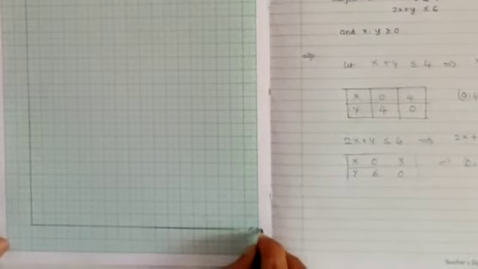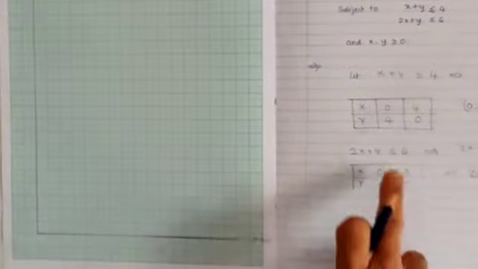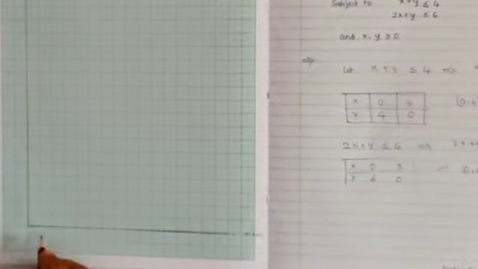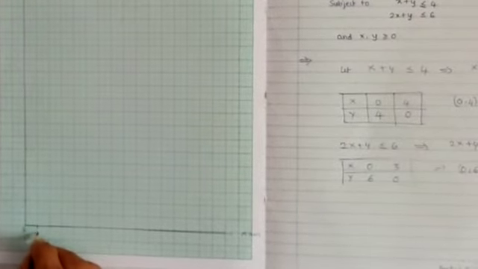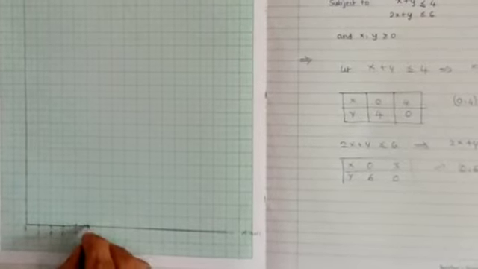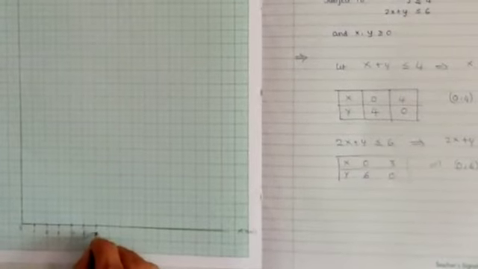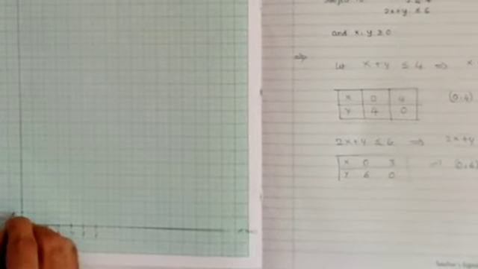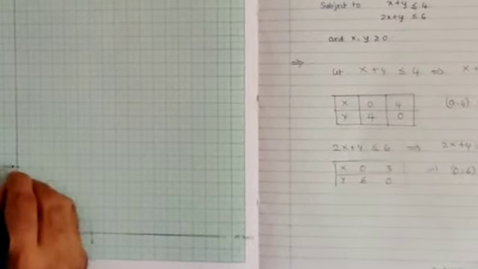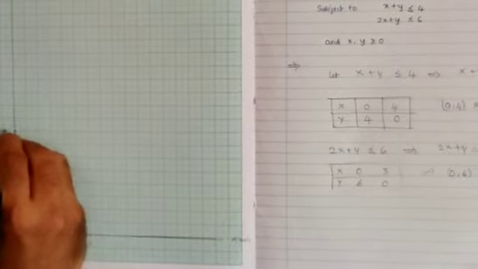This is the x-axis and this is the y-axis. Before that, make a point. It is 1, 2, 3, 4, 5. Take the maximum x value, it's enough. Now, similarly, y 1, 2, 3, 4, 5, 6, 7, 8.